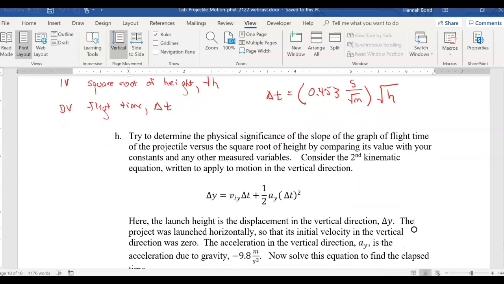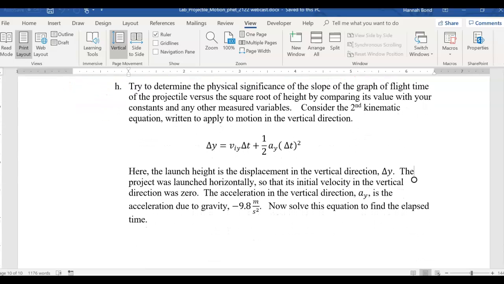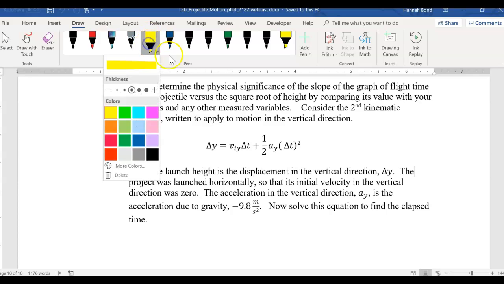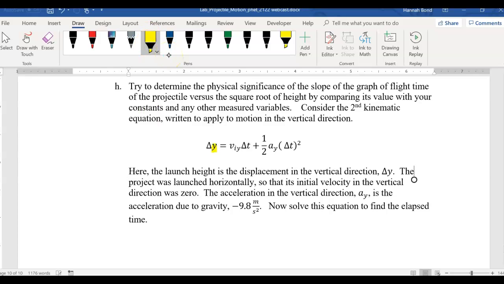Okay, and so the activity sheet gives us this equation. This is one of the kinematic equations. It's been slightly revised from what you're used to looking at because it is written for motion in the vertical direction. So, for example, instead of displacement being called delta x, we're calling it delta y because, think about coordinate axes: the x-axis goes left and right, the y-axis goes up and down.